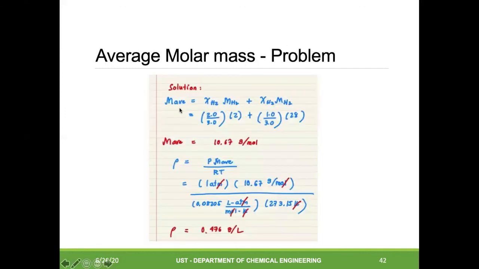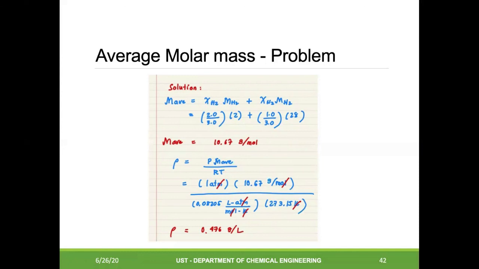Now, in getting the average molar mass of a gas, this is equivalent to the mole fraction of each gas multiplied by the molar mass of that gas, plus the same for the other. In this case we have two gases, H2 and N2.